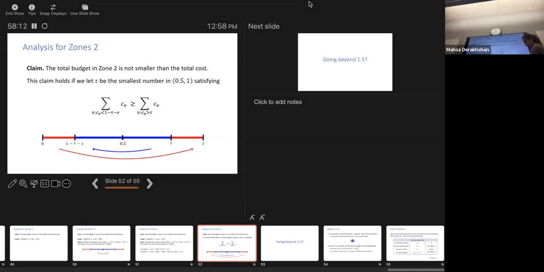If we take any x, let's say this is your x, my claim is that the mass here, and by mass I mean the sum of the values for the vertices that fall here, for any x that you take, cannot be smaller than the mass you have here, because then you could show that your tau would be smaller. So for any mass that you have here, you have at least an equal amount here, and you can always pay for them with these. So that's basically it.